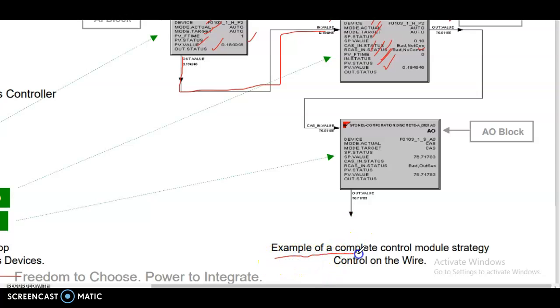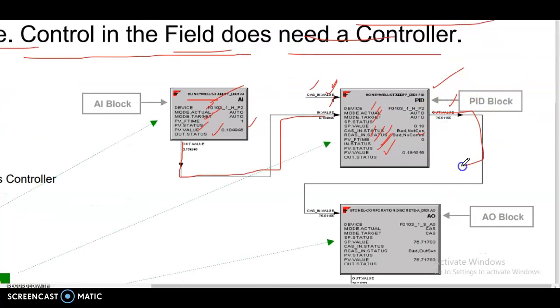Example of a complete control module strategy, control on the wire. Then the PID output value is connected to this AO.